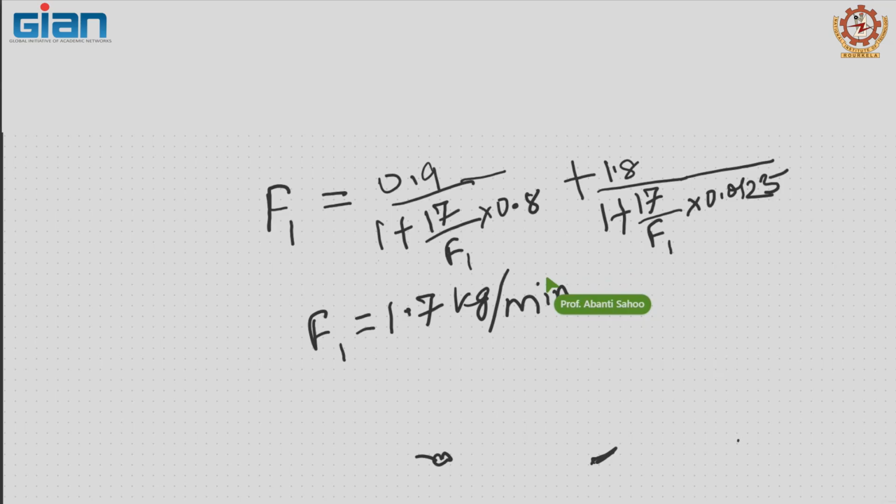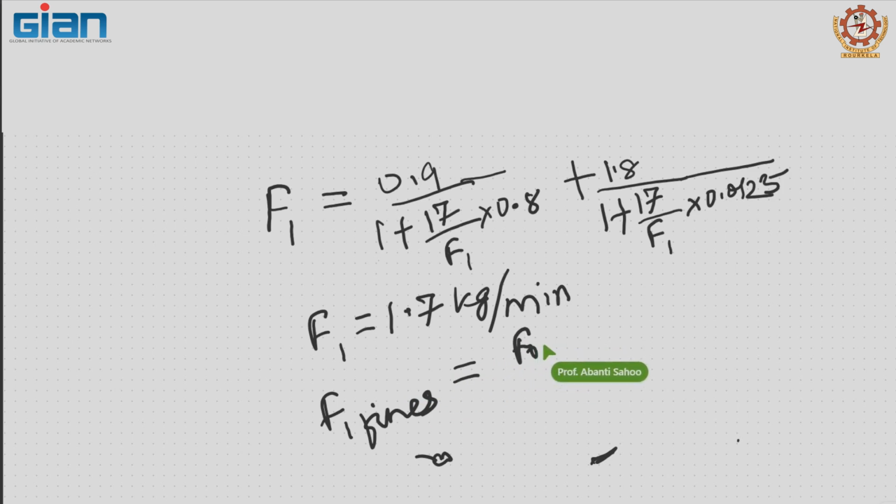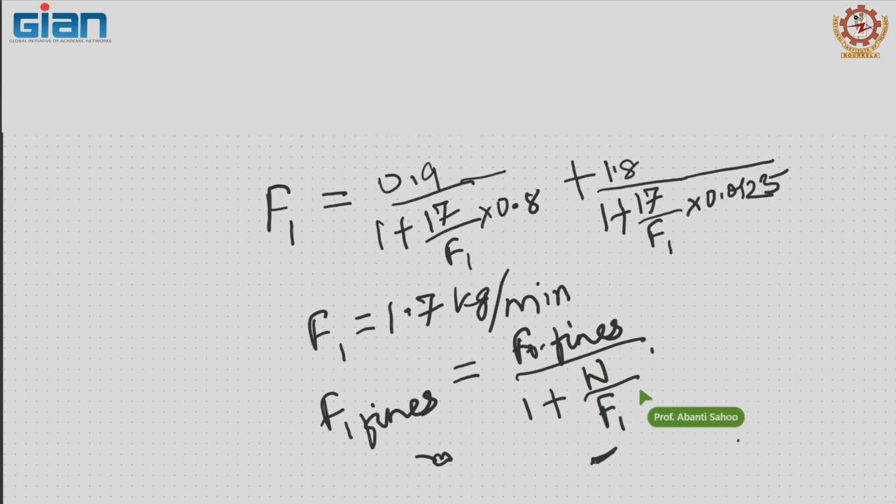Now, putting this value, we can get F1 of fines. It will be F0 of fines divided by 1 plus W by F1 into K of fines, means only the first term.